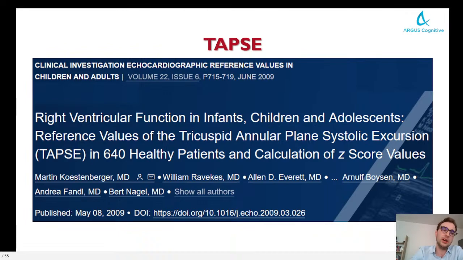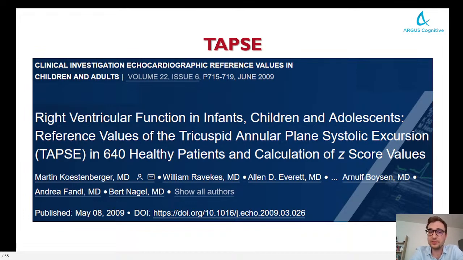We have normal values in infants, children, and adolescent patients. In the pediatric population, it's a bit more tricky to assess the right ventricular function and cardiac function in general, because the body size and the age very substantially affect the normal value.